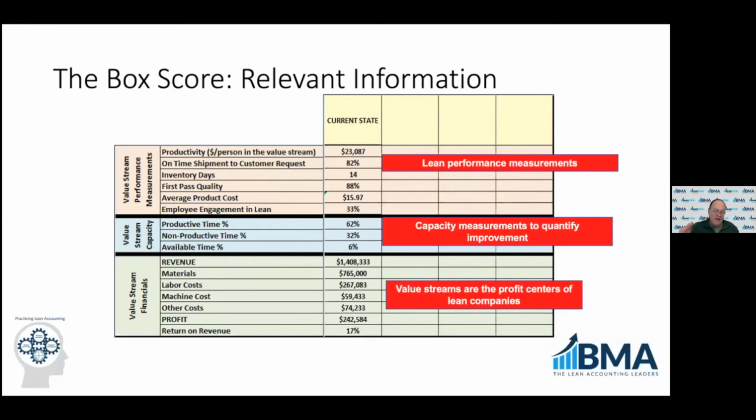We talk about continuous improvement and different tools and practices, but lean is very much numbers driven. So it's important to have the right numbers. The box score represents the combination of numbers that will be relevant to consider for any business decision.